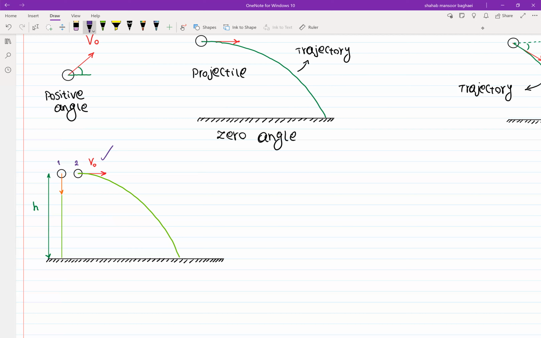So I'm asking, what is the vertical initial velocity for second object? Of course, it is not V0. V0, it is horizontal. Initial vertical velocity for second object, it is 0. It means it doesn't have any velocities along y-axis or vertical axis. Therefore, let's review it. Object number 2 doesn't have any initial velocity along y-axis.